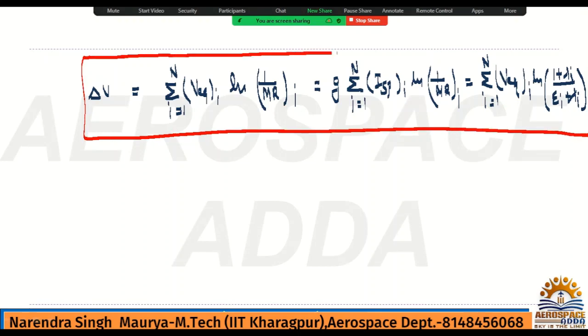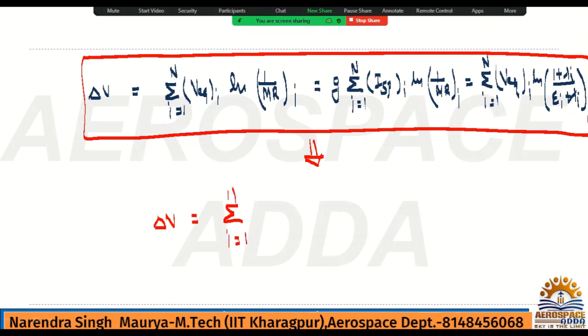In short, this formula is very important because for multi-staging they will use this formula most of the time. So again I will write this formula, please check it. One plus lambda i, which is the propellant fraction, epsilon i, which is the structural coefficient, epsilon i plus lambda i, again propellant fraction.